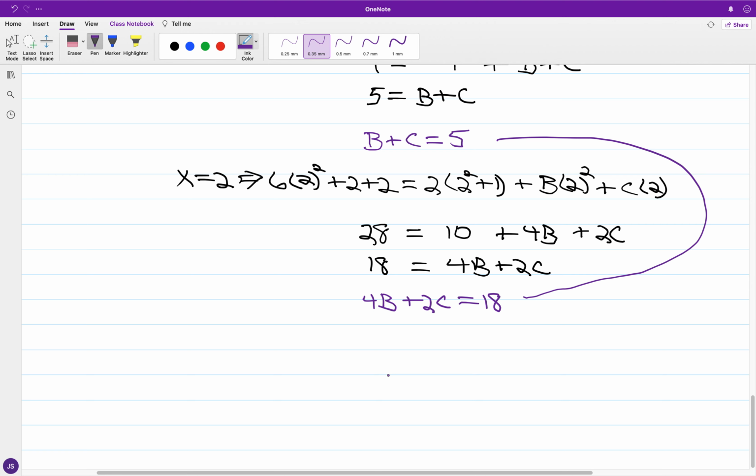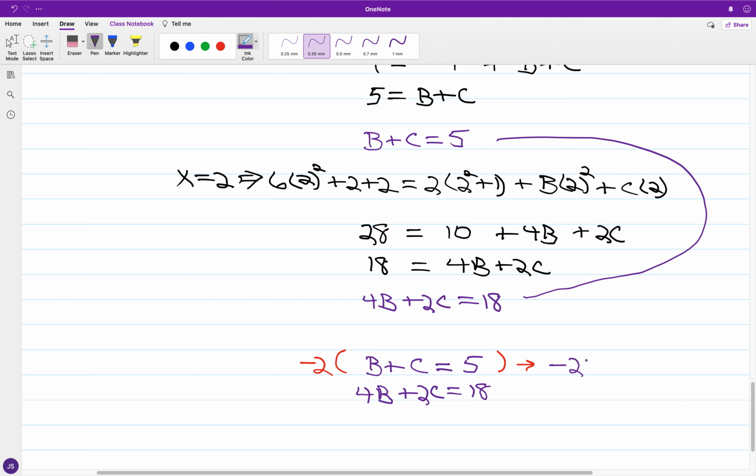And so just looking at these simultaneous equations, if I line things up here, I have b plus c is equal to 5, and I have 4b plus 2c is equal to 18. What I can do here is just perform the addition method, and I'll cancel out the c's and solve for b first. So if I multiply the first equation by -2, and again, why am I doing this? That is to be able to cancel out the c's and solve for b.